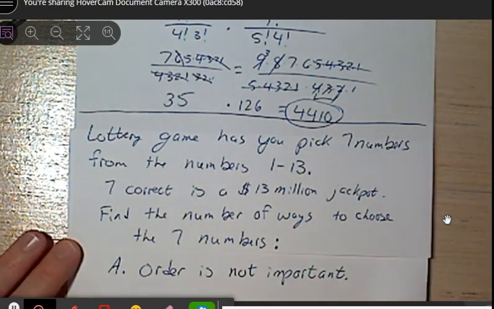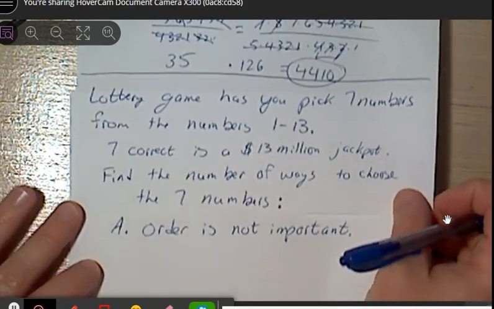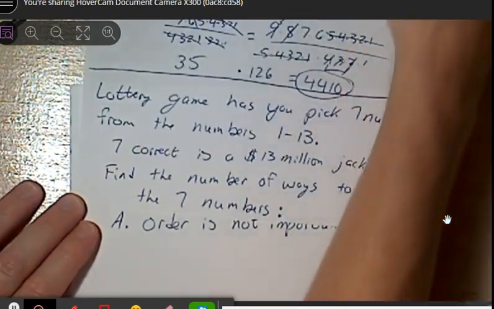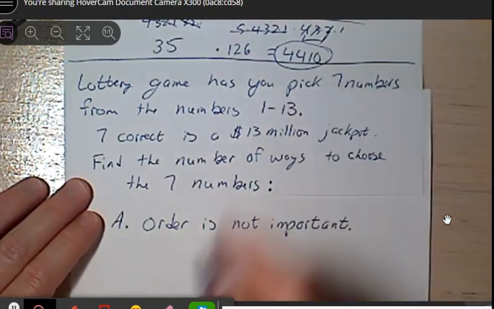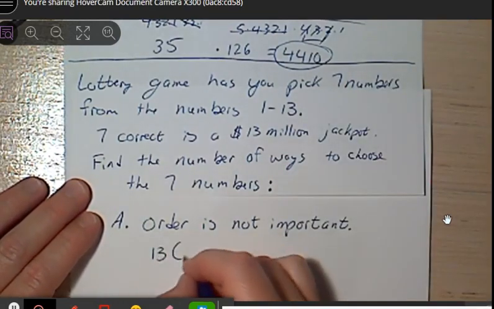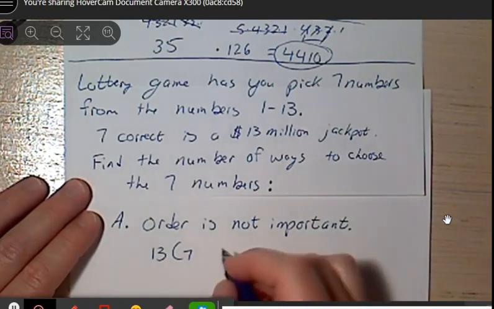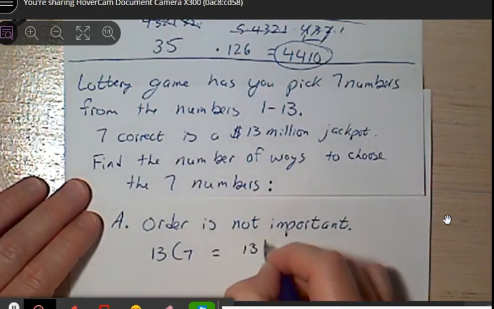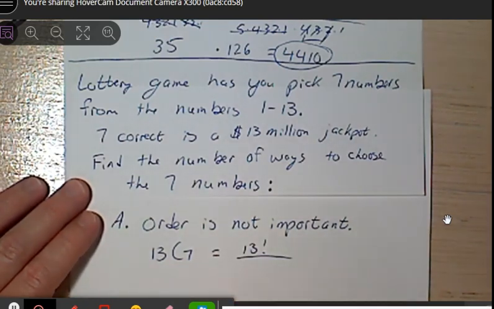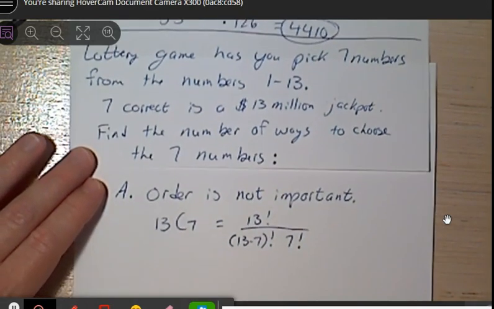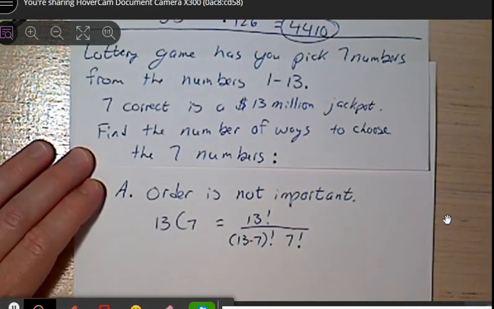Okay, so if the order is not important, you don't care about the order, so then that means it's a combination. So it's going to be 13 choose 7. So we're going to do the nCr. That's going to be 13 factorial over 13 minus 7 factorial and 7 factorial.